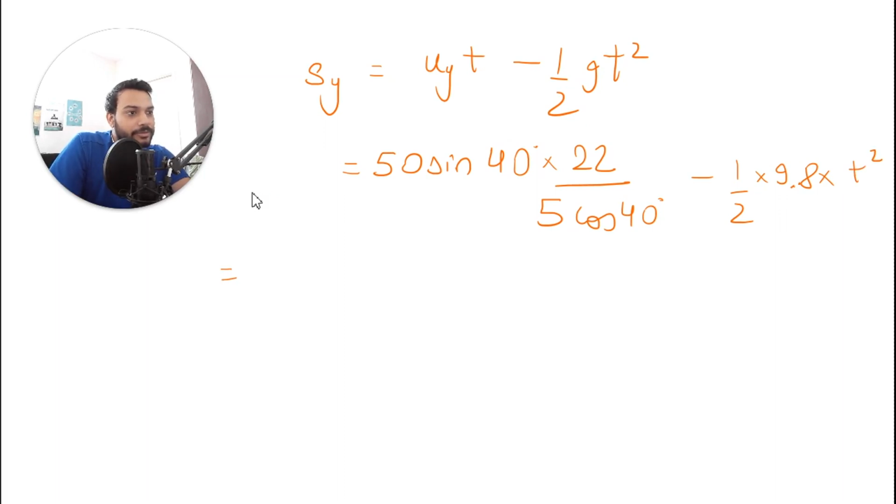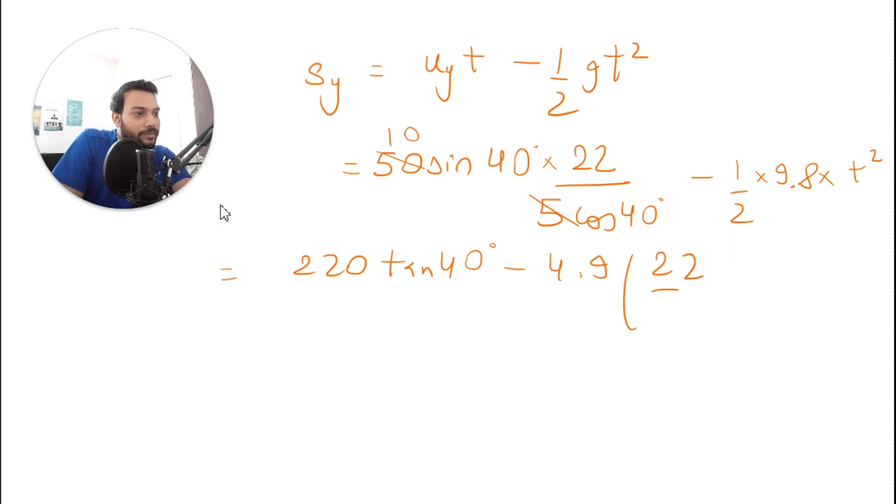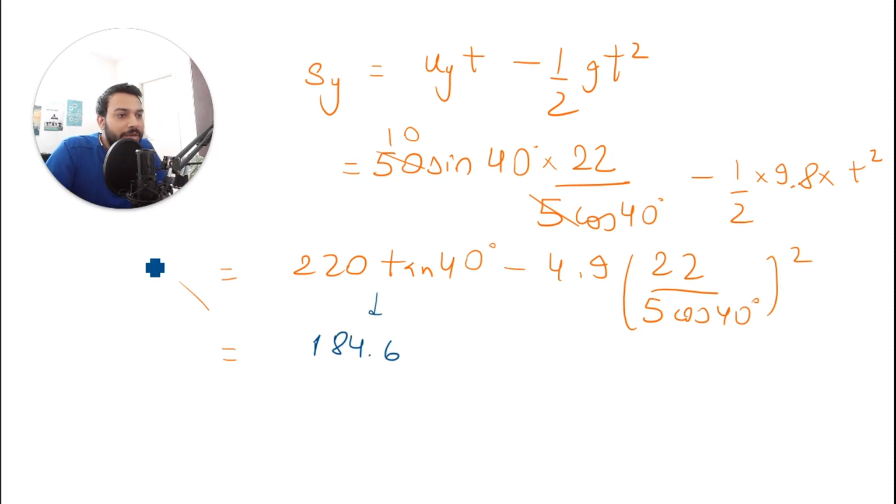Now let's solve for the values. So this is going to be 220 sine 40 over cos 40, which is tan 40, minus 4.9 t squared, where t is 22 over 5 cos 40 degrees, squared. Let's see the value. 220 tan 40 is going to be 184.6, minus 4.9 times 22 over 5 cos 40, which is 5.77.